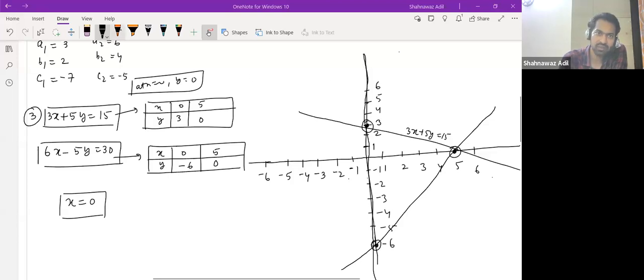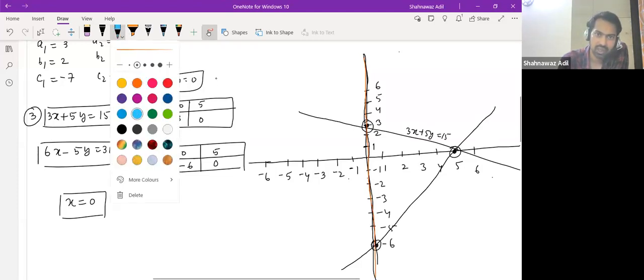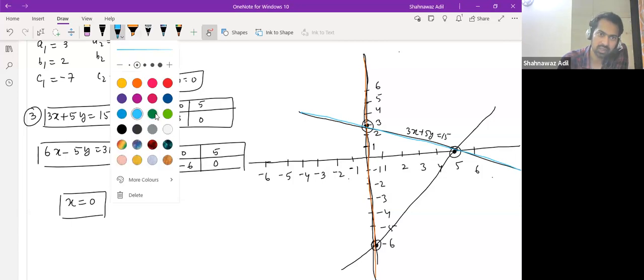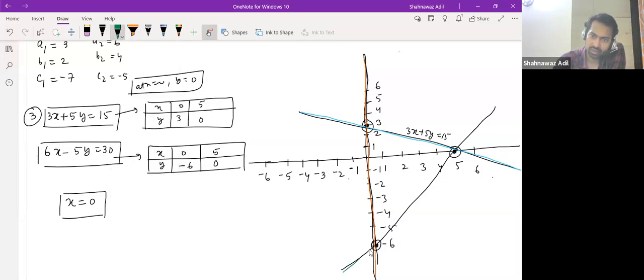So we have this line, right? And we have this line, and then we have this line. So you guys can see what is the triangle that they are forming?